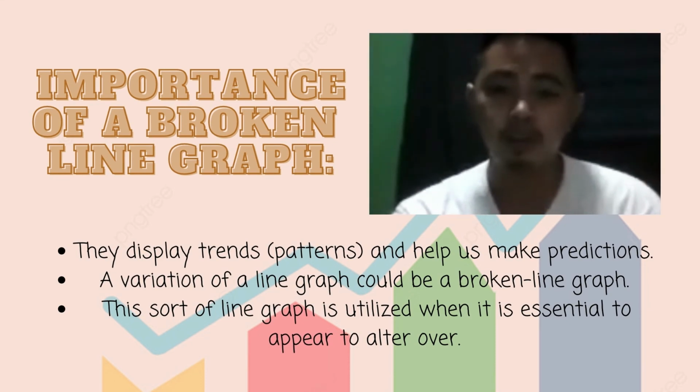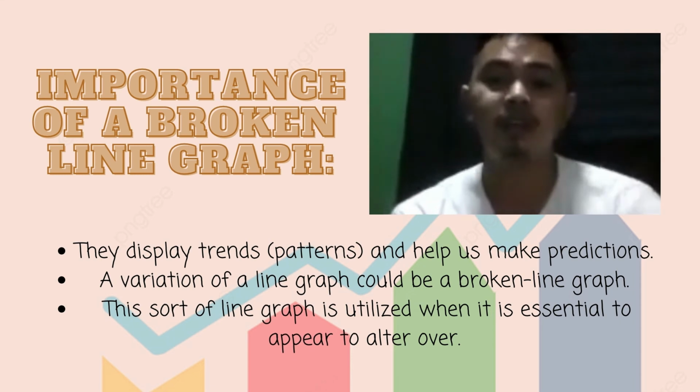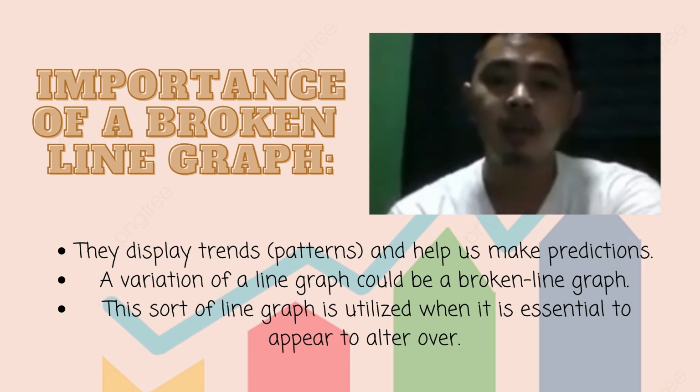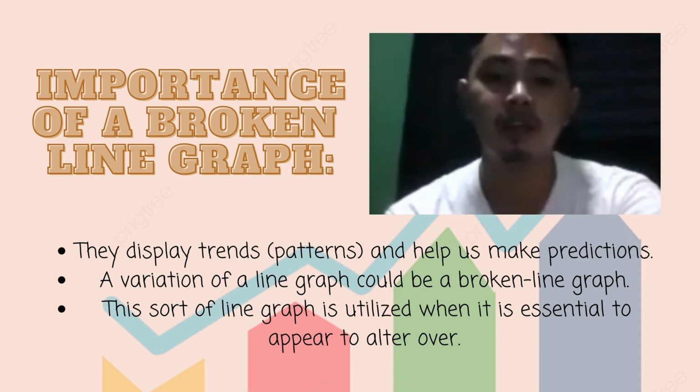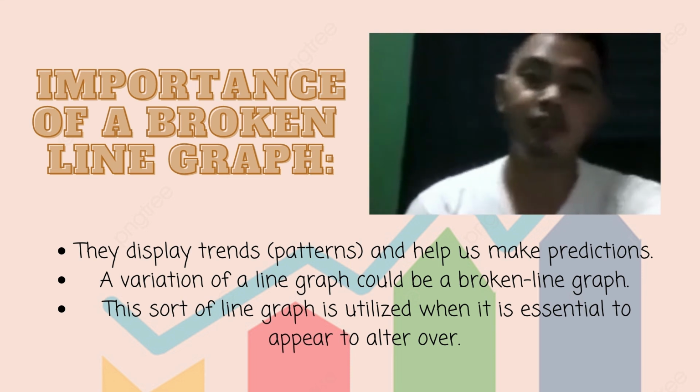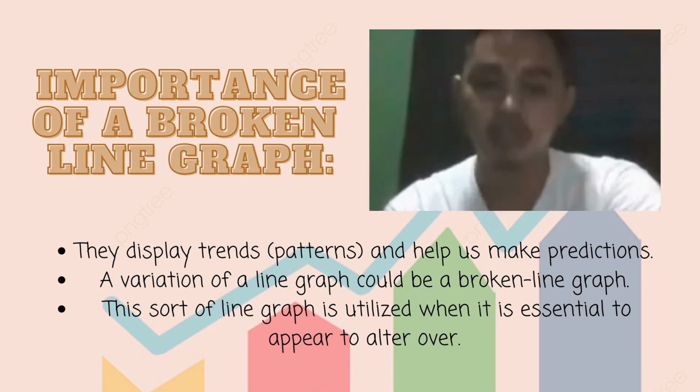Broken line graphs, also called line graphs, are used to show changes in data over time. They display trends and patterns and help us make predictions. A variation of a line graph could be a broken line graph. This sort of line graph is utilized when it is essential to show change over time.